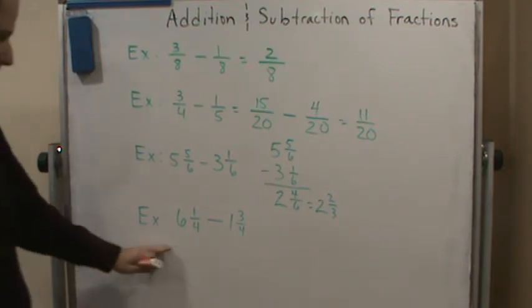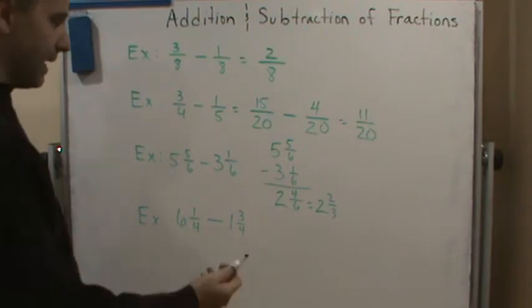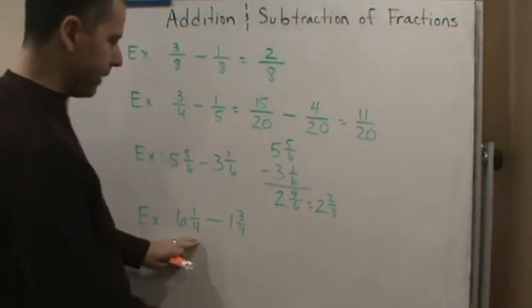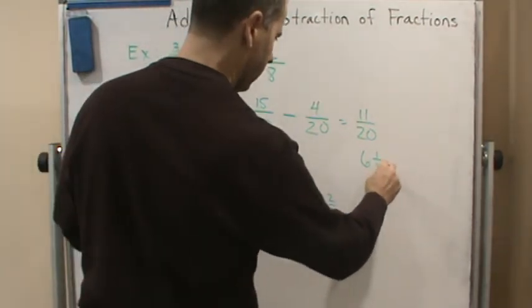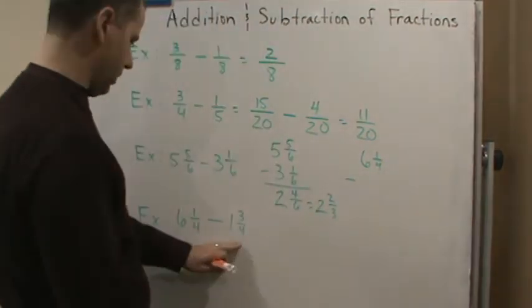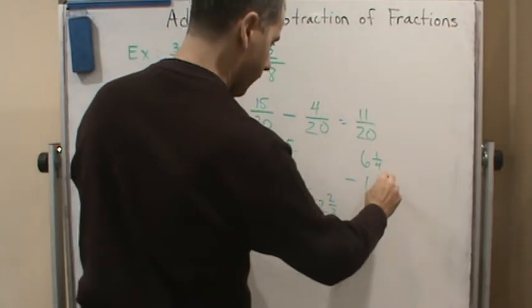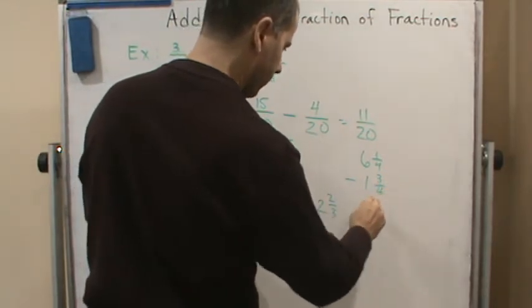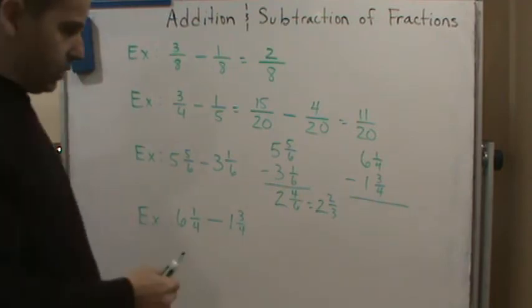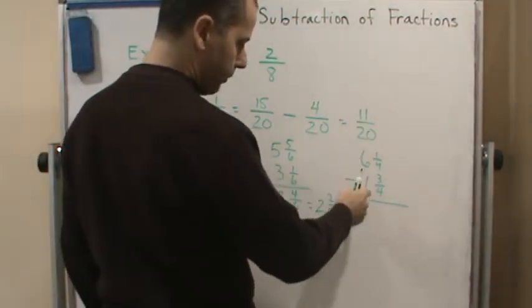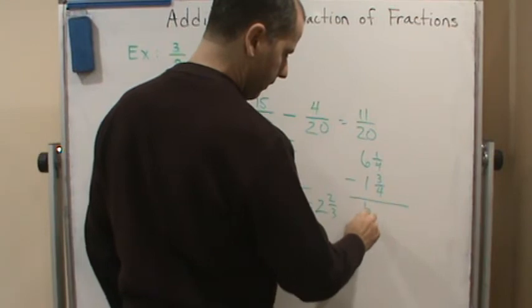Okay, now what about this one? Okay, so I'm going to do the same thing. So I'm going to write this as 6 and 1/4 minus 1 and 3/4. So now watch what I'm going to do here. So I'm going to subtract down the whole numbers. That's going to give me 5.